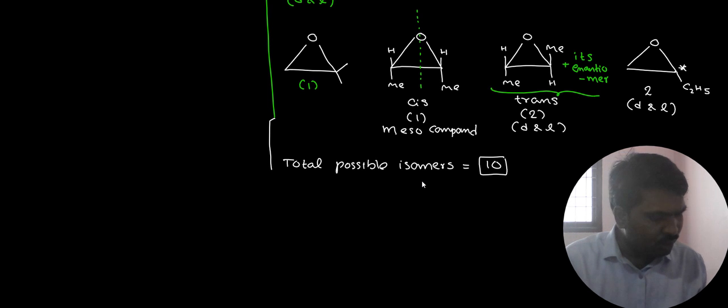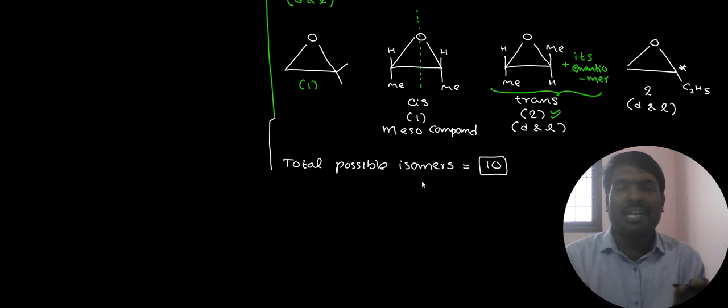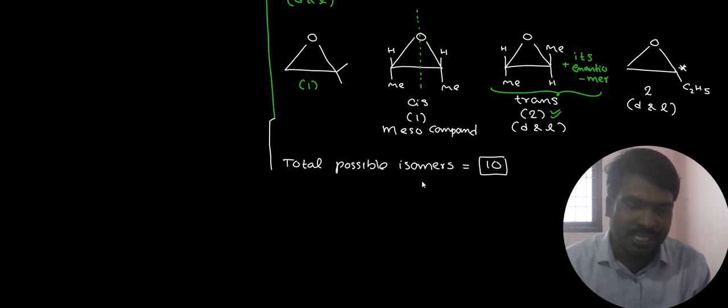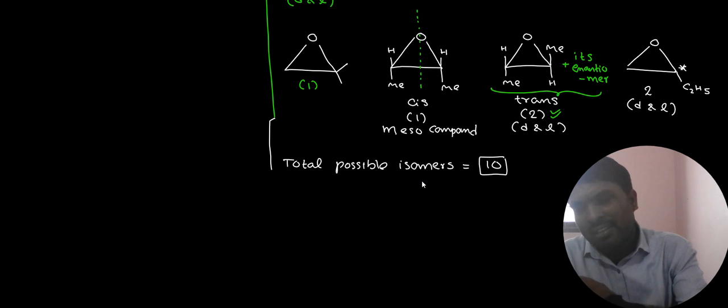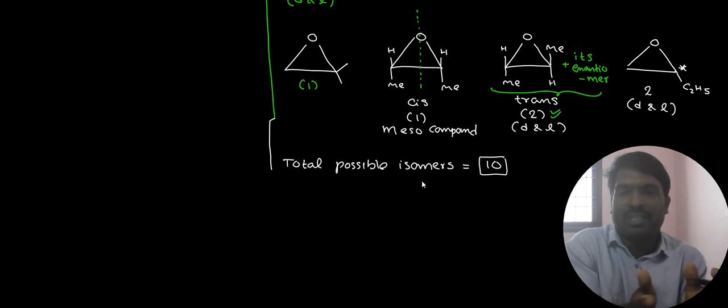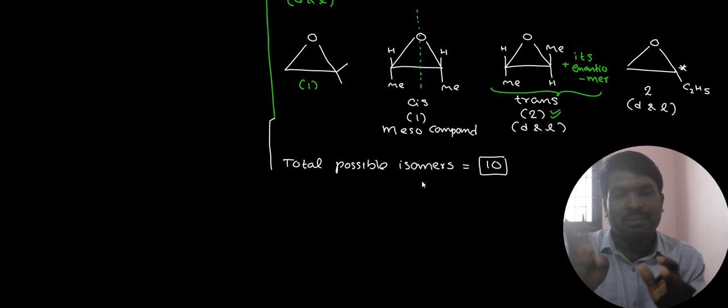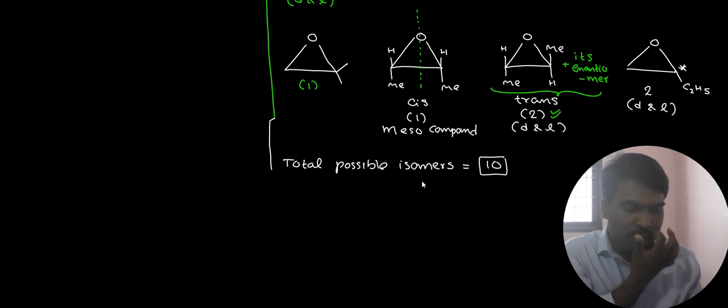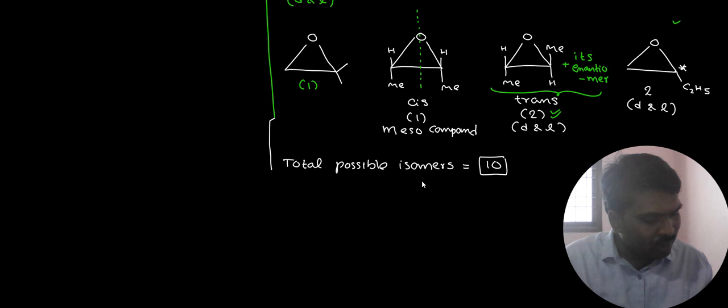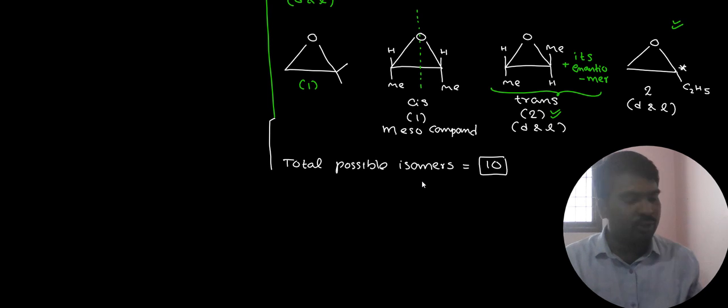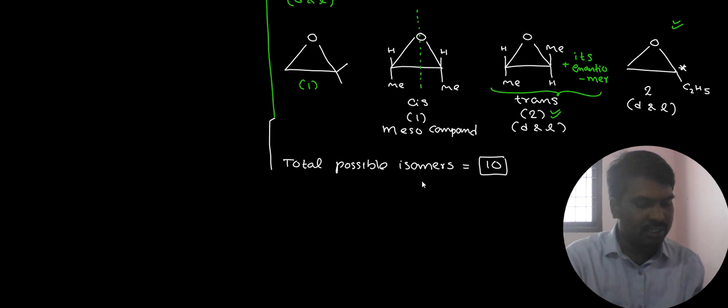How many exist? Two. In any compound in which a plane of symmetry is absent, we can write that molecule and its enantiomer, a mixture of dextro and levo. So two compounds. Now coming to this compound, here only one chiral center exists. That's why dextro and levo, two stereoisomers exist.